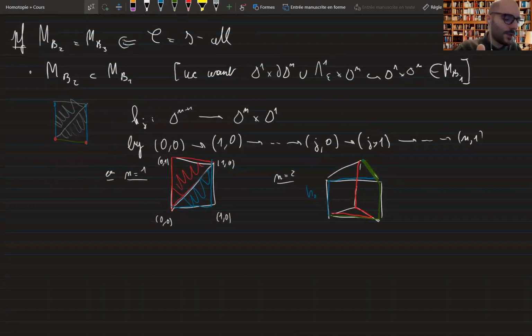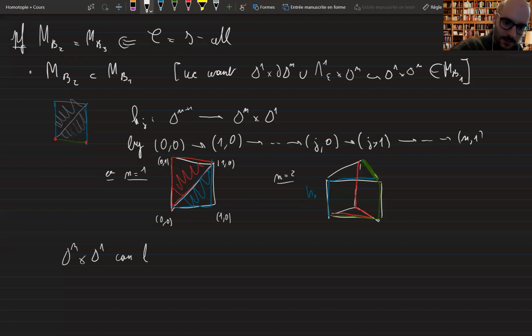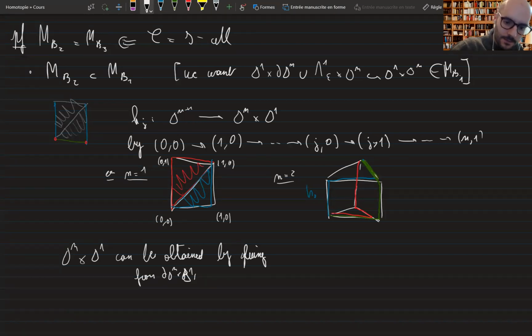And so the statement is simply that delta 1 cross delta n can be obtained by gluing, can be obtained from boundary cross delta 1 union delta n cross lambda 1.